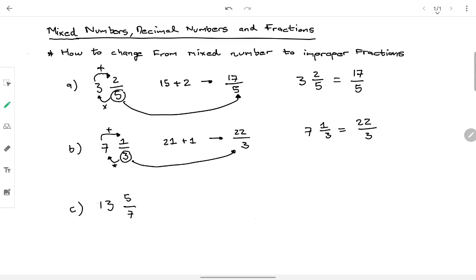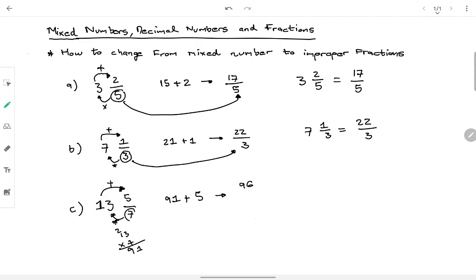It's the same. If we have big numbers, it's the same. We need to multiply 7 times 13. That will give us 91. So 91 plus the numerator, that will give us 96.